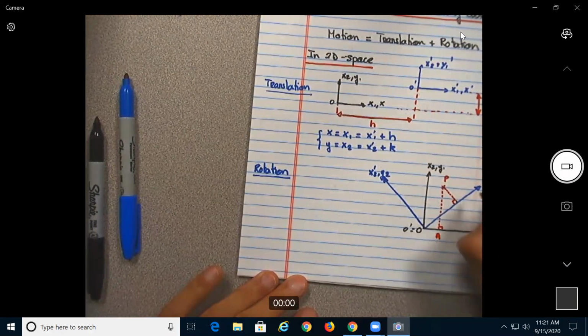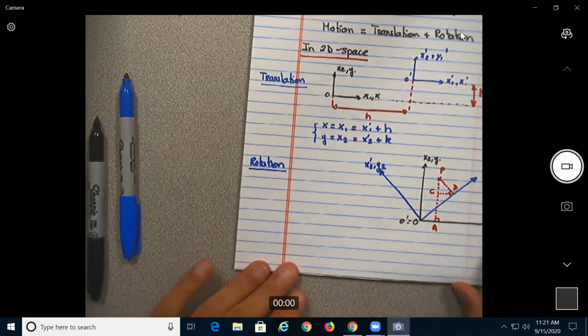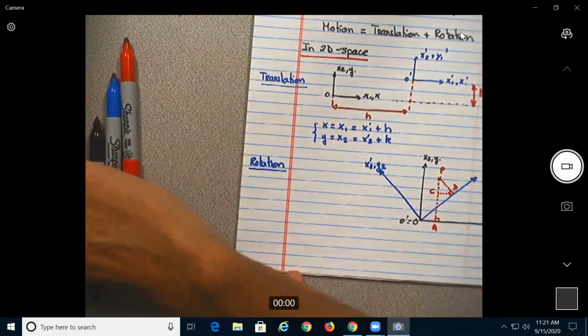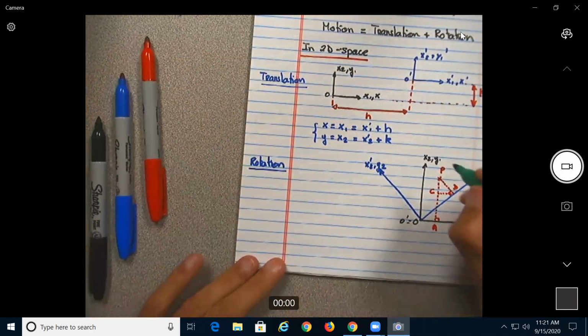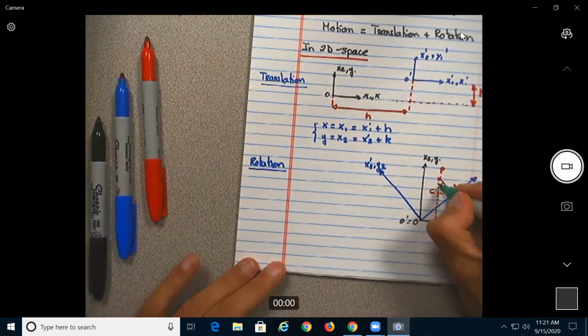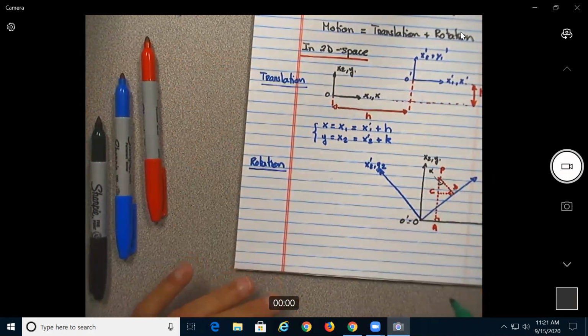This will be D, and this point here would be point C. So this angle here is alpha.